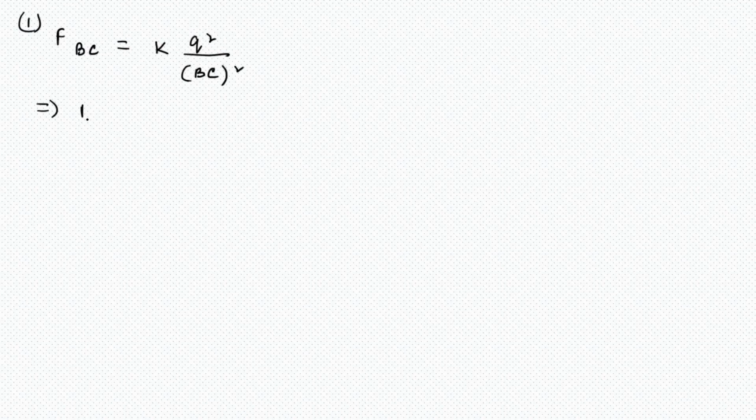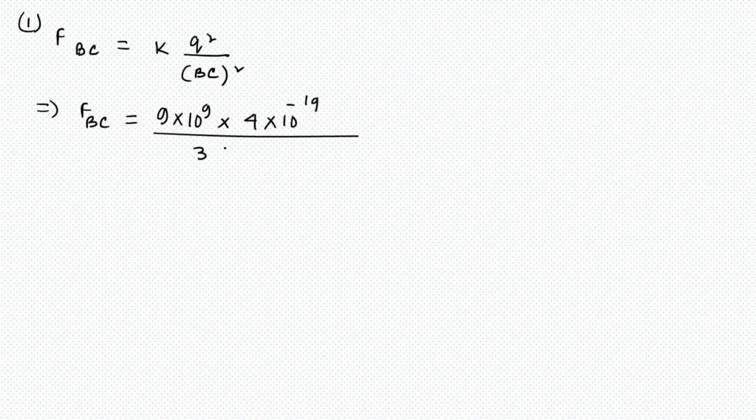The value of K is 9 into 10 to the power 9, and Q square is 4/3 into 10 to the power minus 19, and the value of BC is 0.01 square.